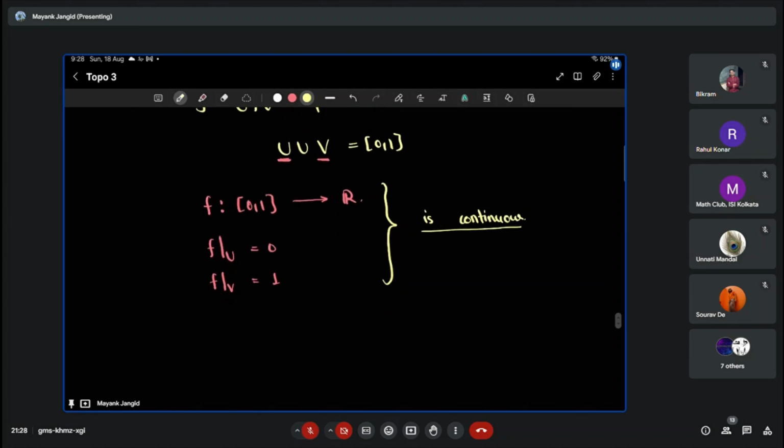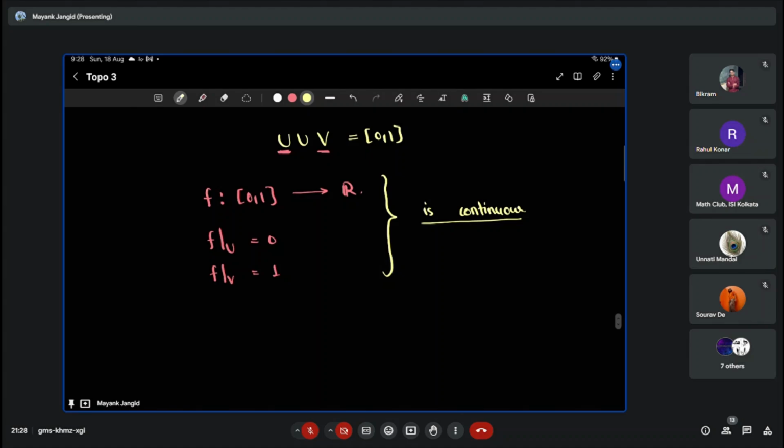But in real analysis 1, you might have studied that for a continuous map from [0, 1] to R, by the intermediate value theorem, there must exist some point in [0, 1] whose value is say 1/2, because this lies between 0 and 1. But we don't have any point in [0, 1] whose value is 1/2.